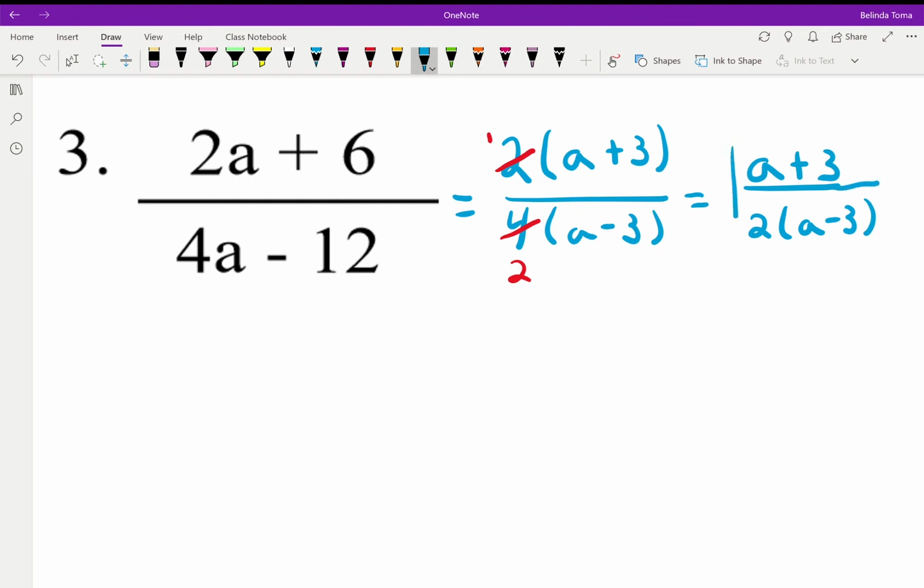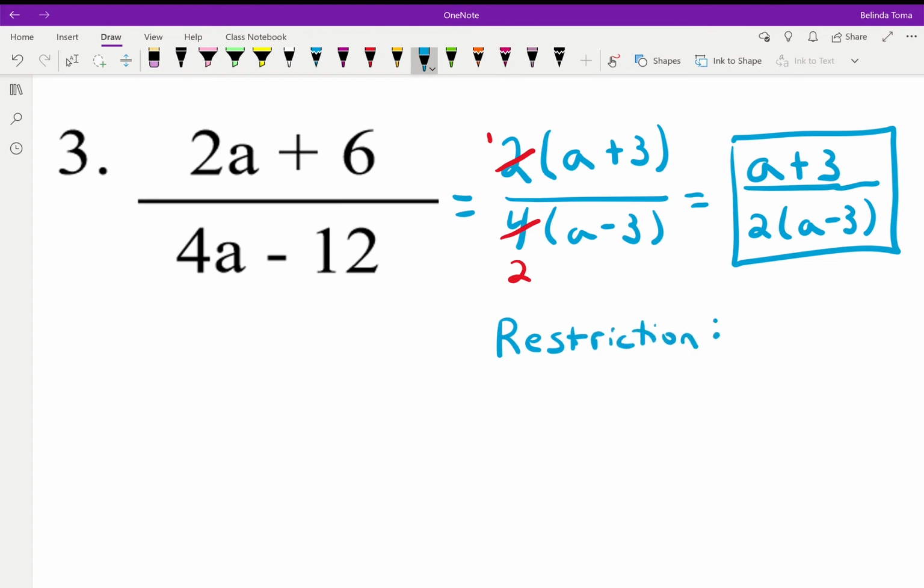Now with these problems, we can leave our answers in factored form. There's no need to distribute the 2 back into the a minus 3. But what we do have to remember is to look for a restriction. So in this case, we once again have a variable in the denominator.